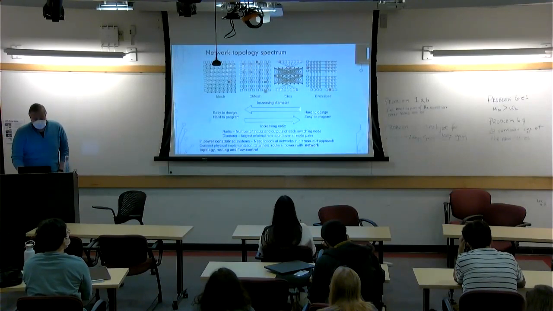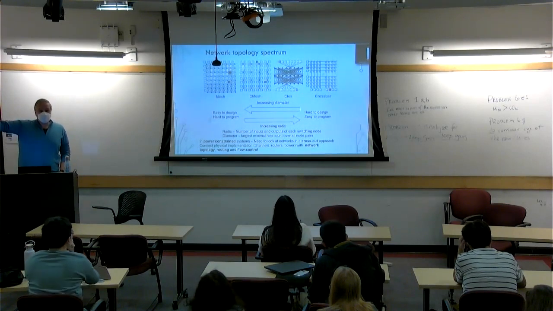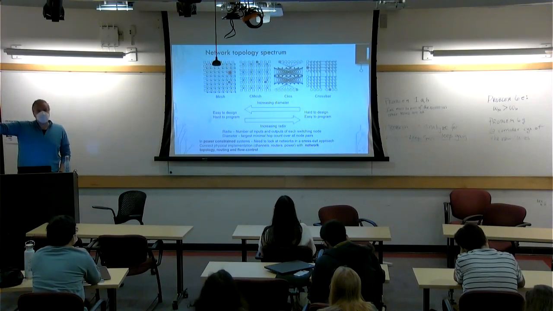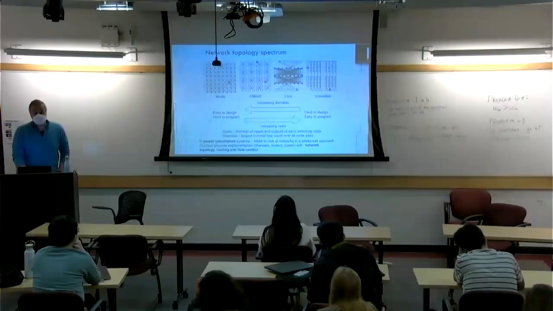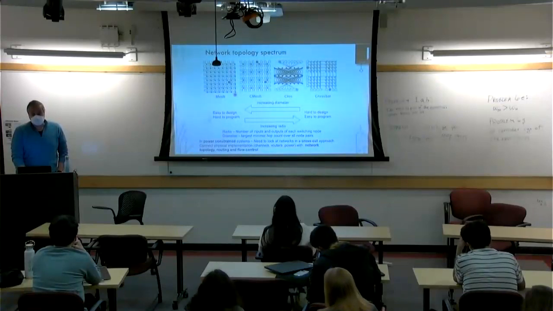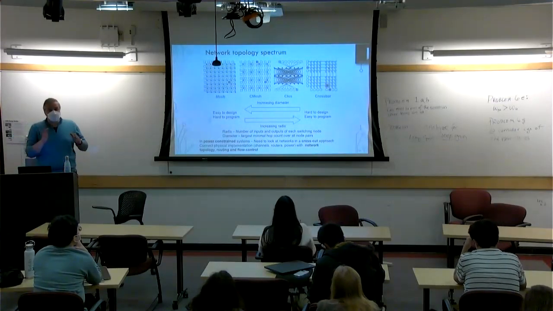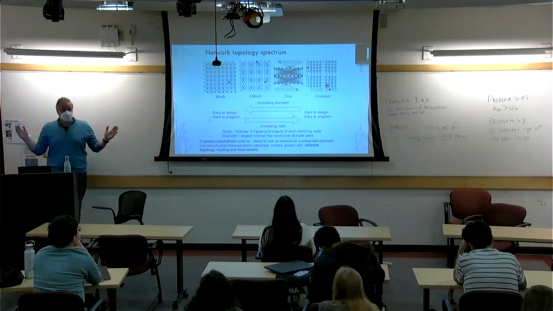On the other hand, diameter means how many hops you make through that network to reach your destination, in the worst case. So mesh has the largest diameter, going all across from one end to another, whereas the crossbar has the smallest diameter. It's just one hop through the crossbar. And then you have a whole range in between, depending on what you're doing.